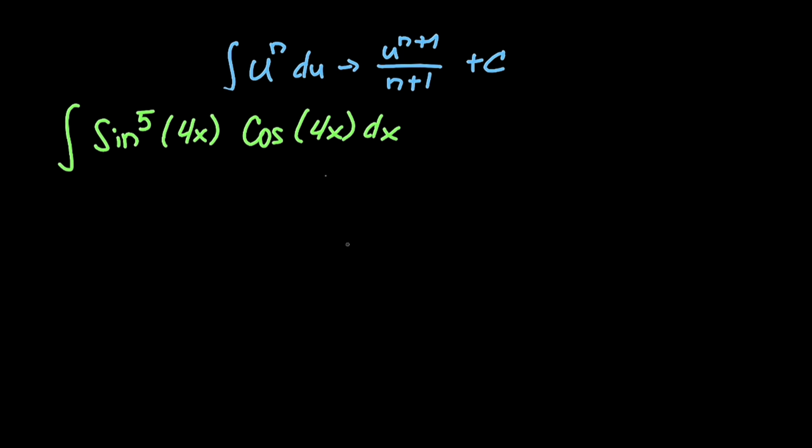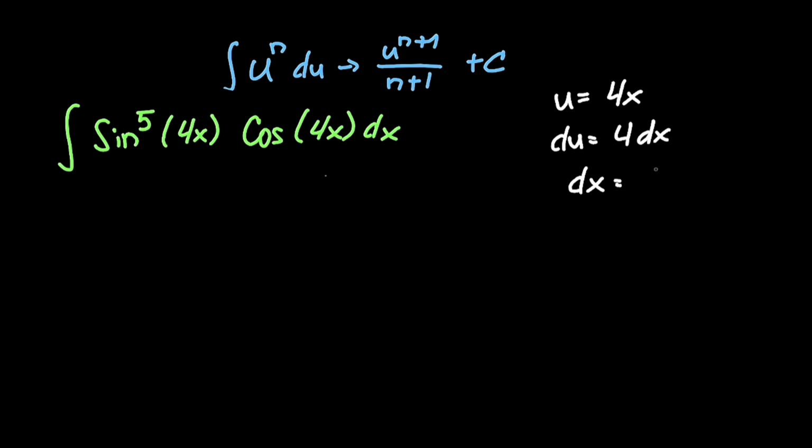Let's try this example. The integral of sine raised to the power 5 of 4x multiplied by cosine of 4x dx. Now, let u here be 4x and du be 4 dx. dx now here would be du over 4.